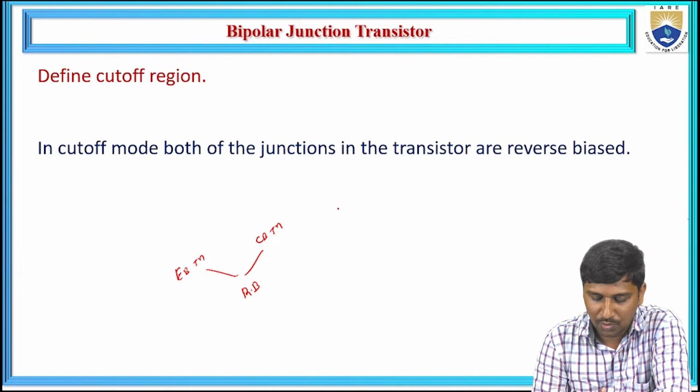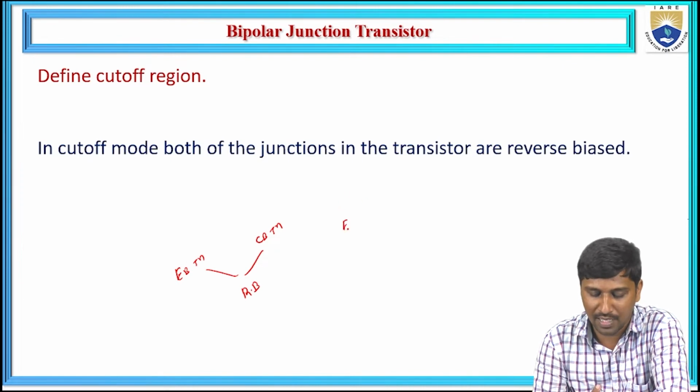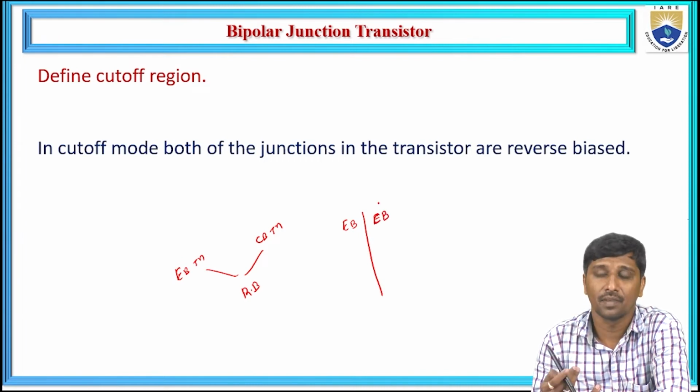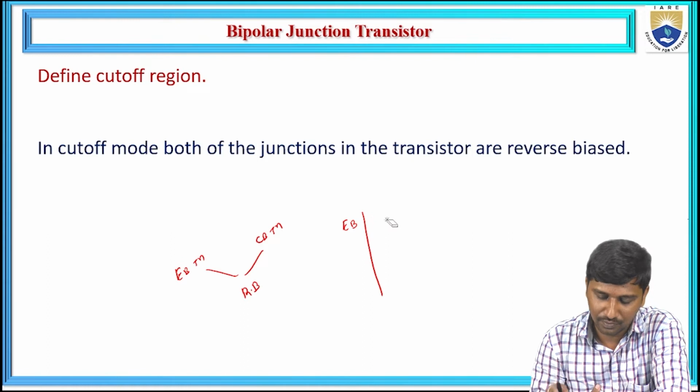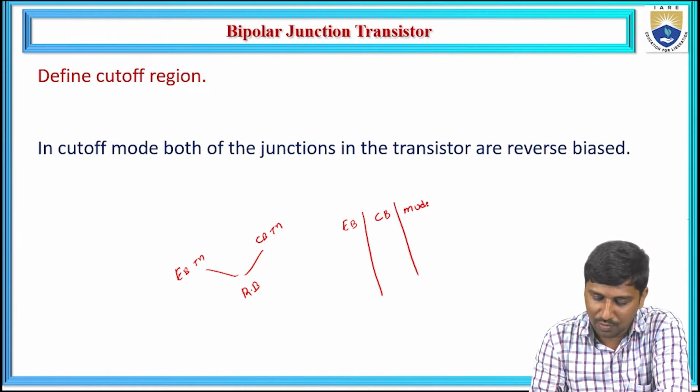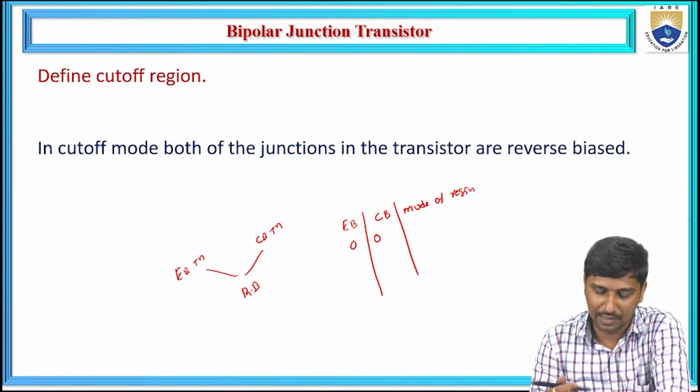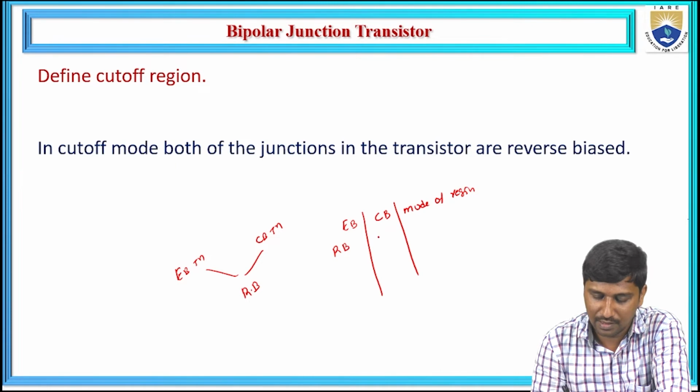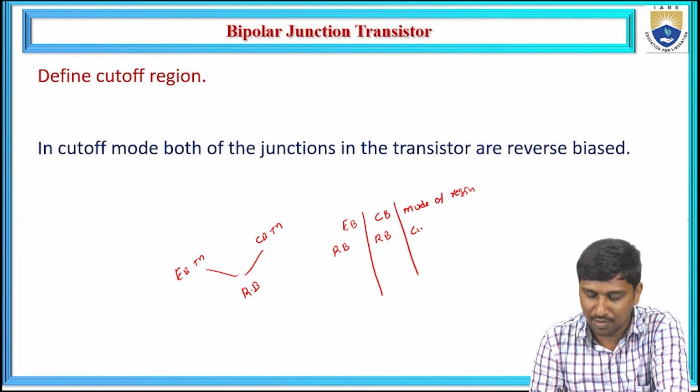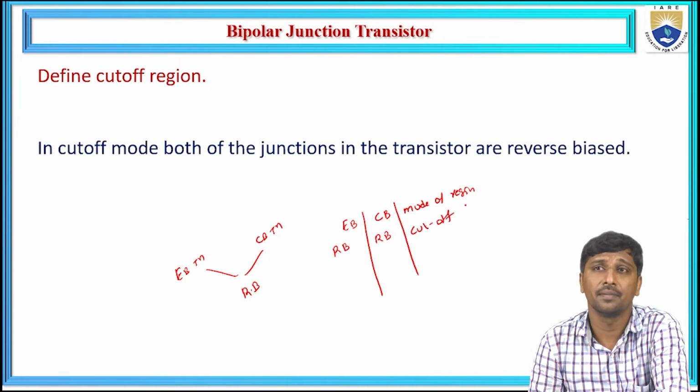So to define the transistor operation, we have two junctions, the emitter base junction and the collector base junction, and then we define the mode of region. If both the junctions are reverse biased, the mode of region is the cutoff region.